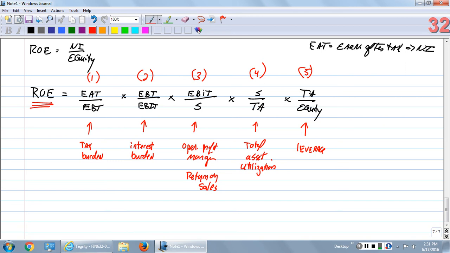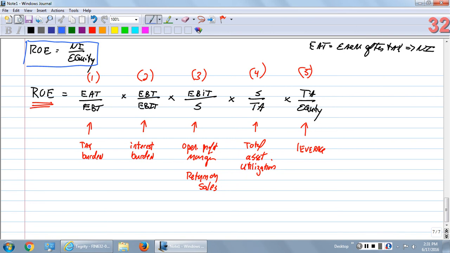It has been systematically declining over the last few years. Well, why? And so you go look at the ratio and you go, well, let's see. There's something going on here with net income or equity. Well, that doesn't help me very much. So ROE can be broken down into these 5 components.